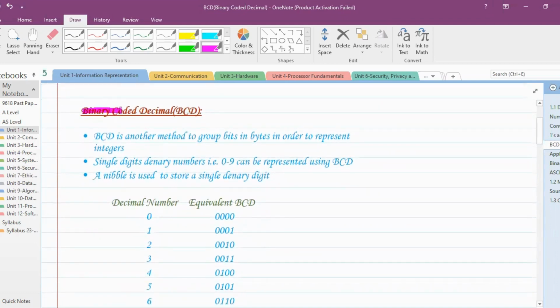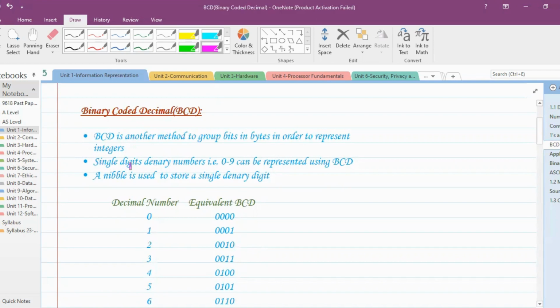So BCD, let's start with what BCD is. BCD is basically binary coded decimal, and it is just another method where you group bits into bytes. So you have some numbers and they are grouped together in the form of a byte.